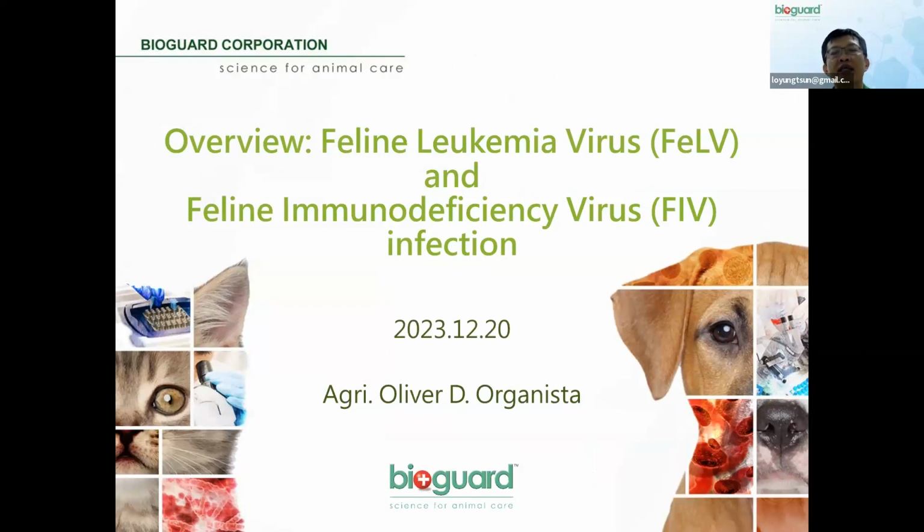As FeLV is mainly shed in saliva, FIV is transferred from cat to cat, primarily by saliva through deep penetrating bites. Both viruses can cause many types of illness as well as deaths in infected cats. Information including etiology, diagnosis, and management of both diseases will be discussed in this webinar.